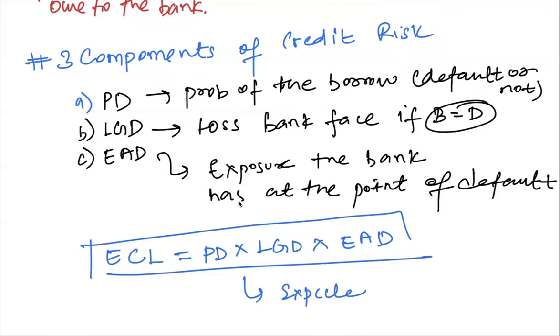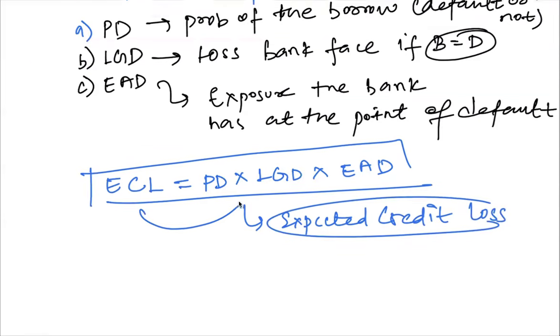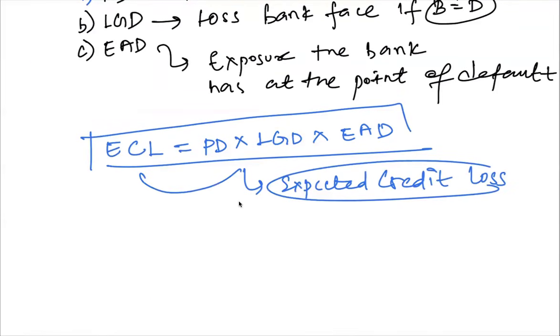What is ECL? Expected credit loss. So what banks do is they check what is the expected credit loss if they give you a loan, and if the expected credit loss is less, they will issue you a loan.